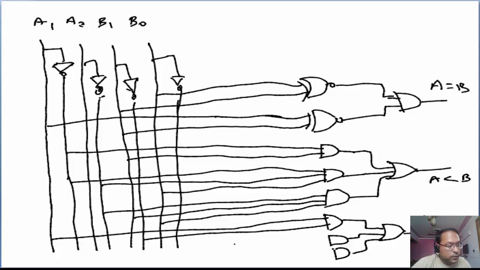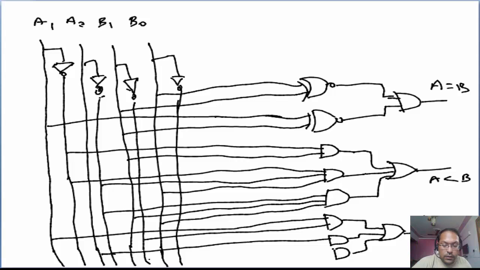Okay, then the second term is A0, not A0 bar, it's A0.